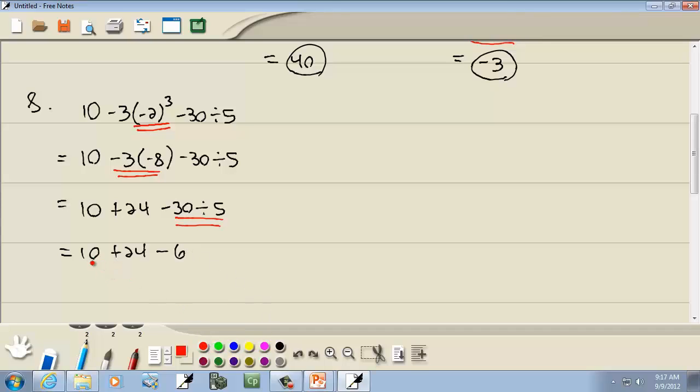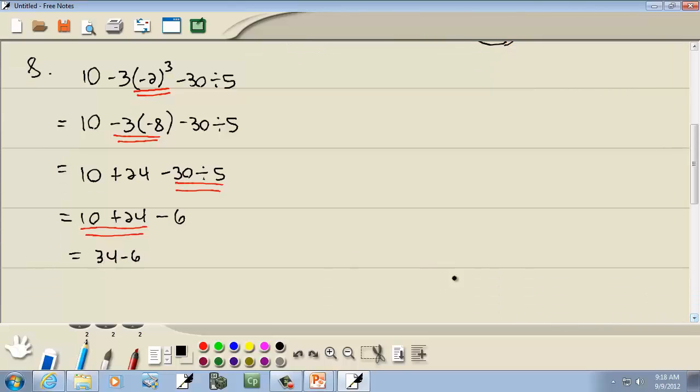And Sally, addition and subtraction. Well, here's our first addition and subtraction. 10 plus 24 is 34. And still on the Aunt Sally addition and subtraction part, 34 minus 6 gives us 28.